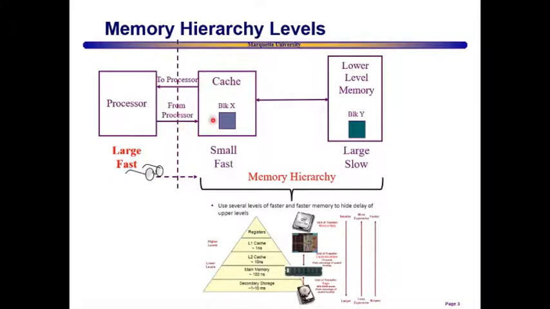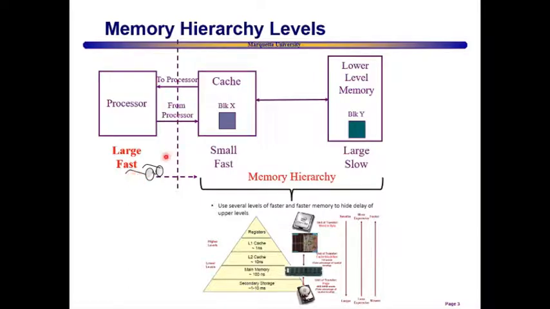So if the cache is operated exploiting the temporal and spatial locality, then the processor will see a large memory address space offered and created by this memory hierarchy, at fast access times.